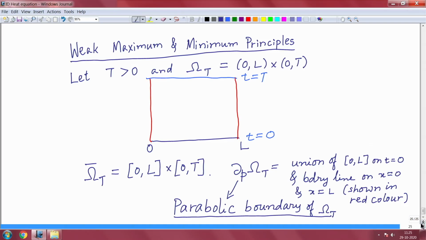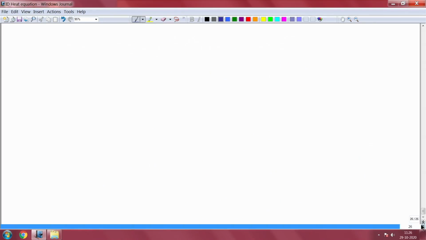With these notations, now we state the theorem. So, these are the weak maximum and minimum principles. Theorem.